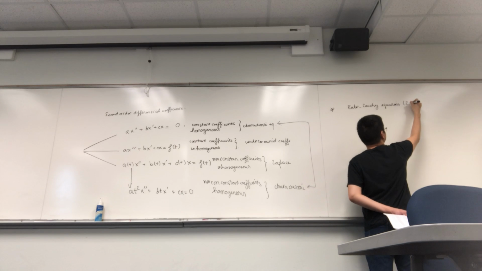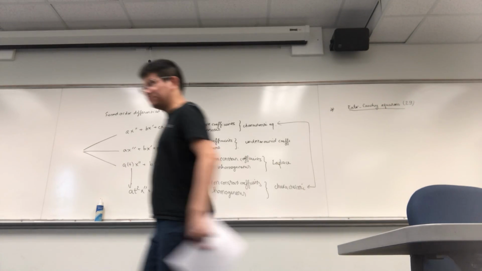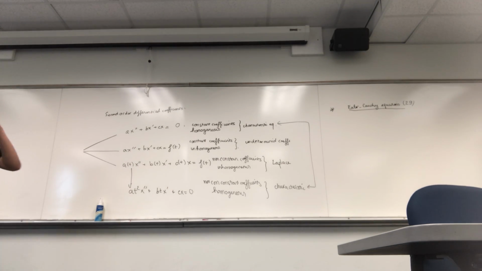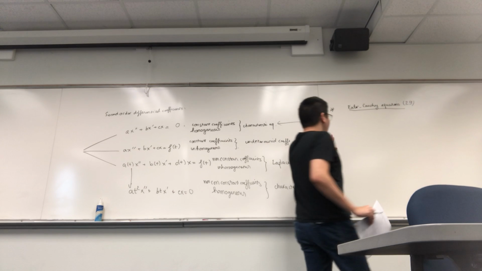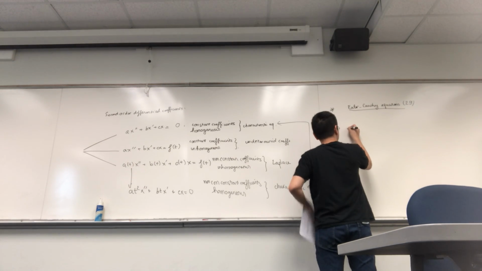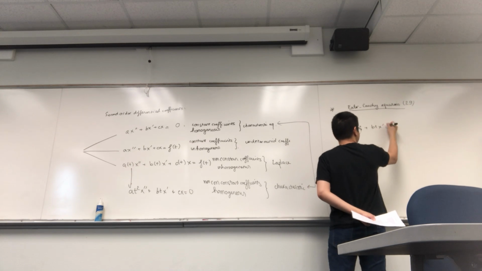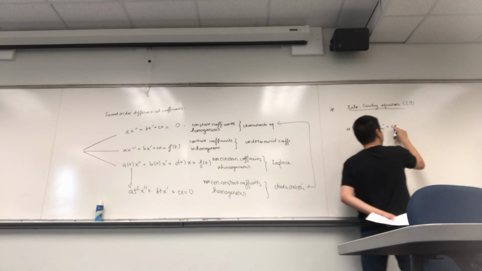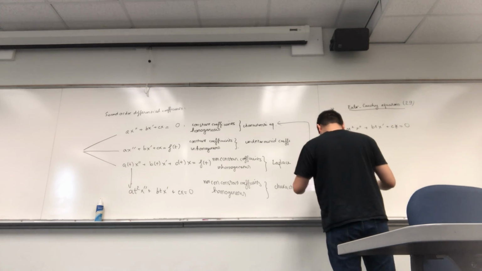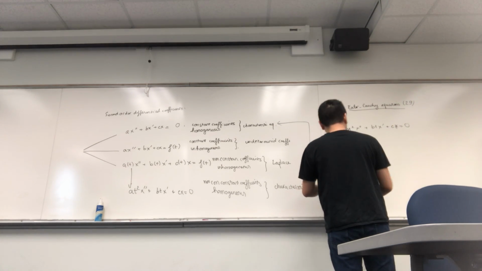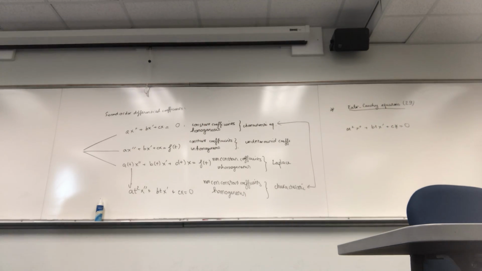So this is section 2.9. I rearranged the contents a little bit, but it is the same. The Euler-Cauchy equation has the following form: a t squared x double prime plus b t x prime plus c x is equal to 0. So this is the equation.